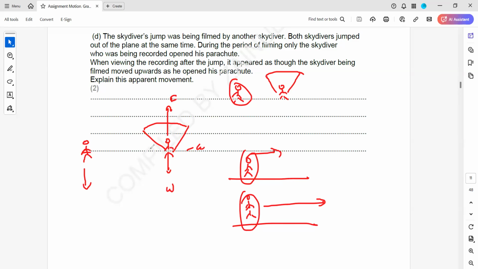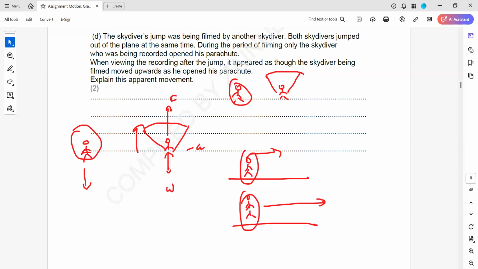So when this skydiver opened the parachute, he has greater drag force than the weight, so he slows down. For a person who's moving at a constant speed, it appears that he's moving backward. Even though he's not moving backward, he slowed down. That's why the distance between the two skydivers increases.